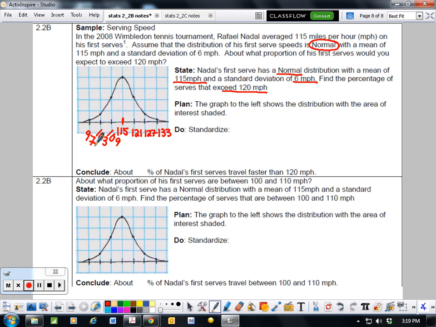Now I want to know what percentage exceeds 120. So I'm going to find about 120 and shade, and since it's exceeding, I want it to be faster than 120. I can use my empirical rule to help me out here, but I've got the more powerful tool of our chart.